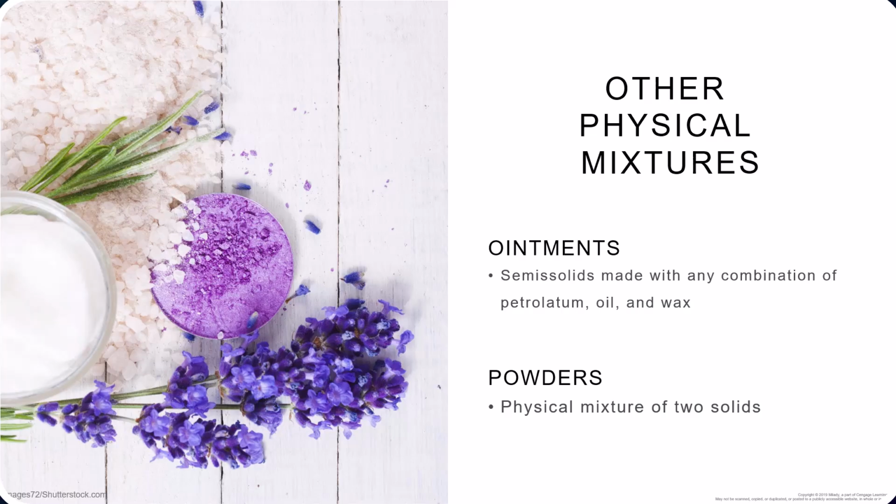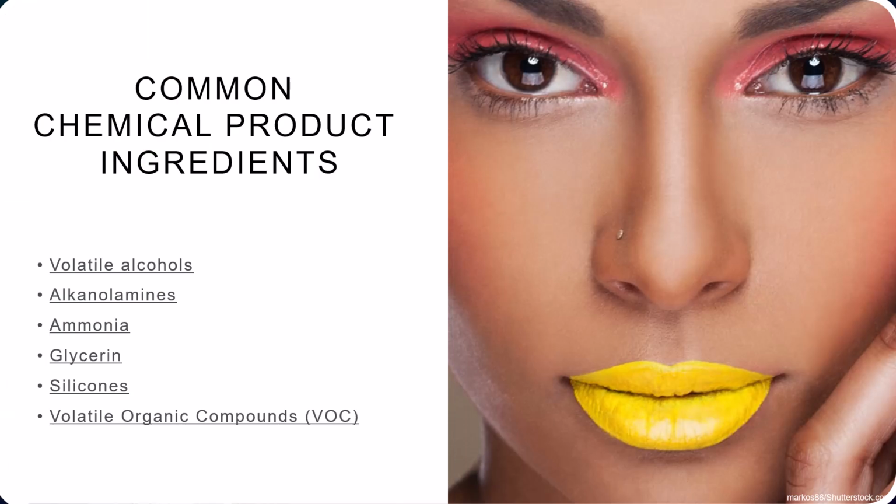So these would make up our blushes, bronzers, highlights, or powdered foundations. Or for an example of a product that we might use, enzyme therapy, that's a powdered mixture of two or more physical solid substances.